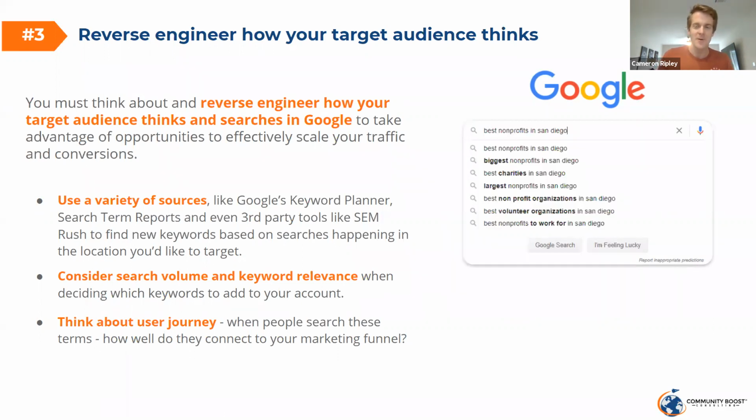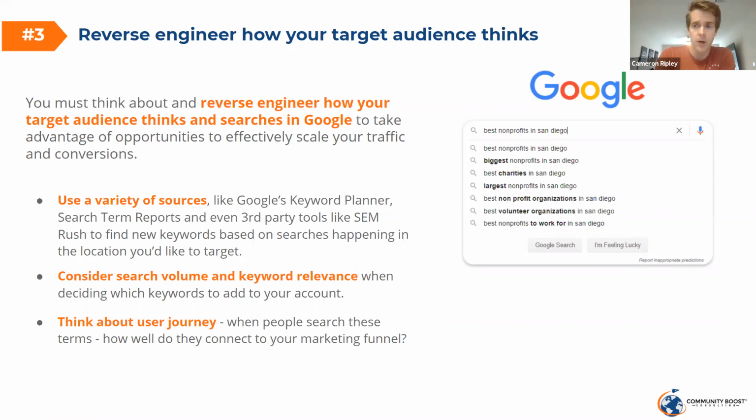A lot of times you might ask a nonprofit, like, well, what keywords do you want to rank for? And we might say, oh, I don't know, donate to kids. And that's not enough. That's just like barely scratching the surface.